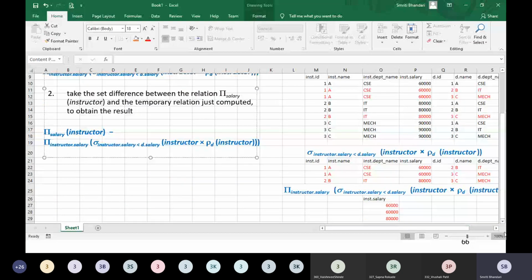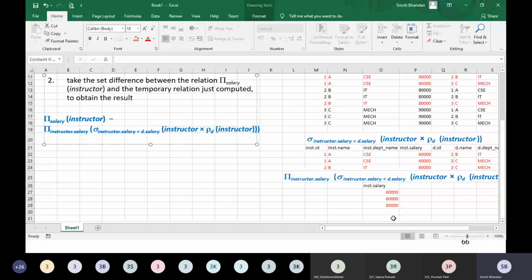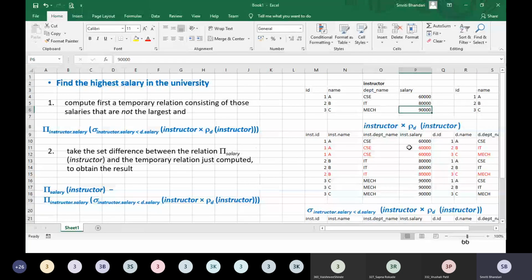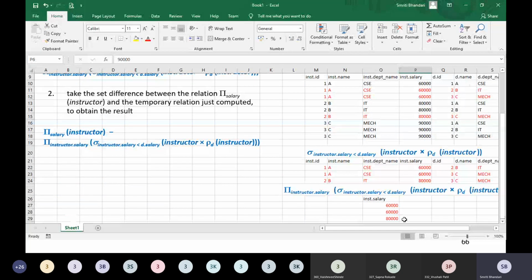So by executing this statement, what we are getting is the salaries, those are not largest. Right? What is the largest salary here? 90,000, and that is the expected answer. Right? So to come up with that, we have worked with this first task, and we are now getting the salaries, those are not largest.